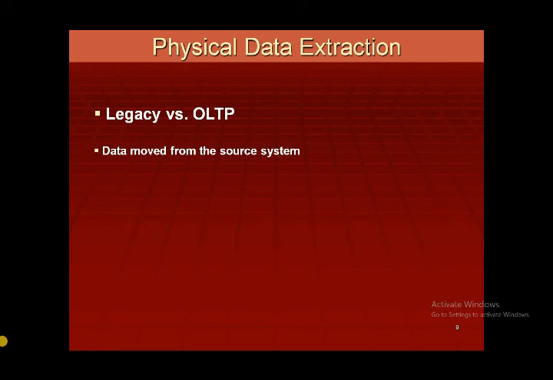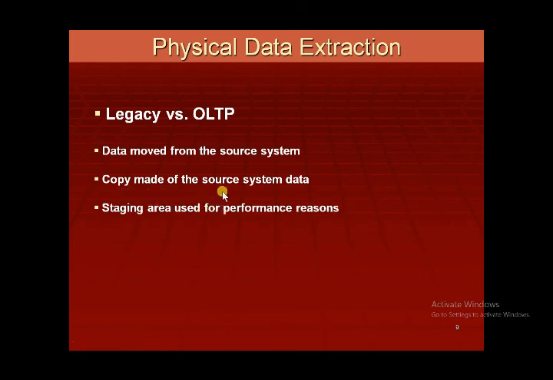Let's say our weekly data was extracted from the source system and we do not need that data inside the OLTP system anymore. There are different options available: we can remove the data, or we can copy the data in a different file format. So once the data is moved from the source system, the data in the OLTP system can be removed, or it can be copied using a different format.